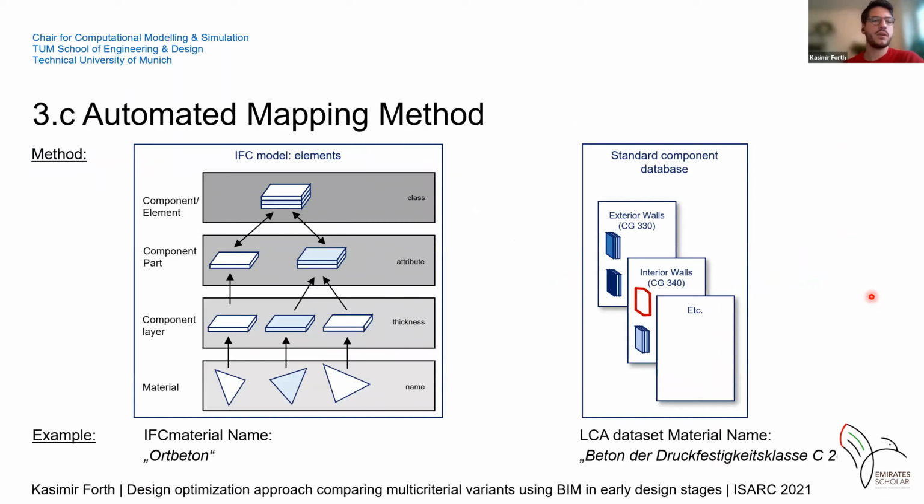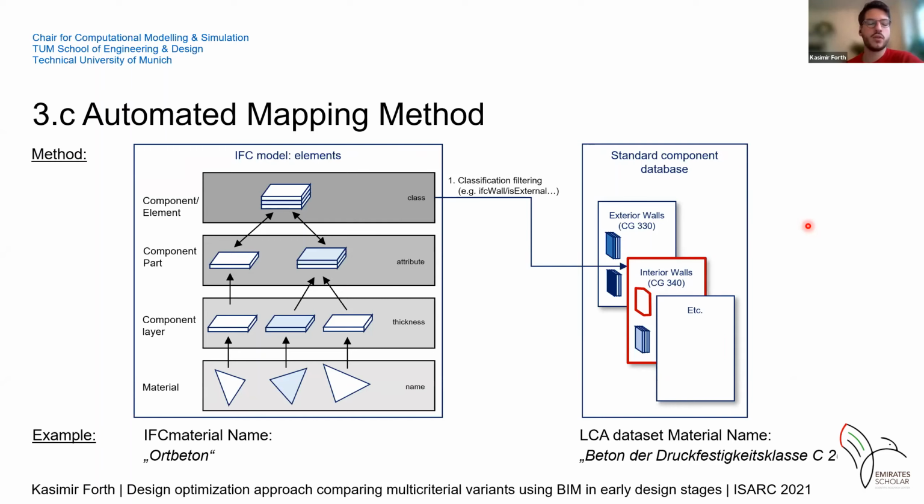Now coming to the automated mapping method. On the left side, we can see the IFC model, and on the right side, the standard component database. The first step is filtering by classification. In my case, I again used the German norms, and according to the norms we have different cost groups.